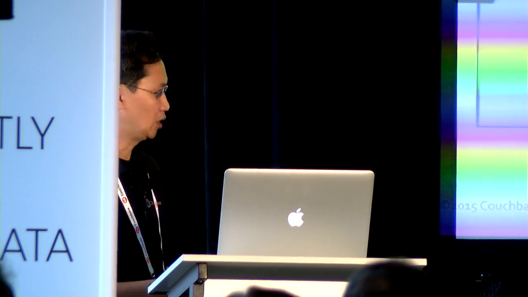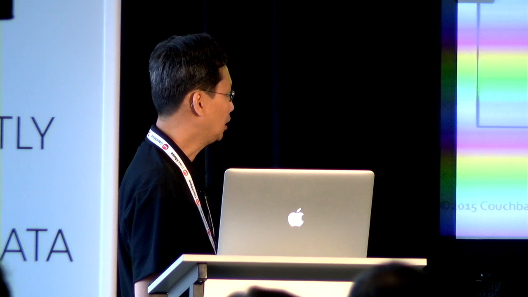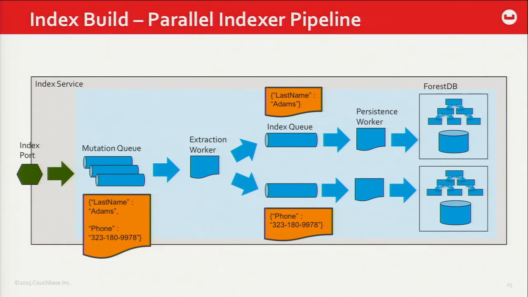A set of background workers called extraction workers will take the document fragment from the mutation queue, extract the keys out of this fragment, and put them into an individual index queue. Another set of workers called persistence workers will take these keys and put them into the storage layer, which is ForestDB.